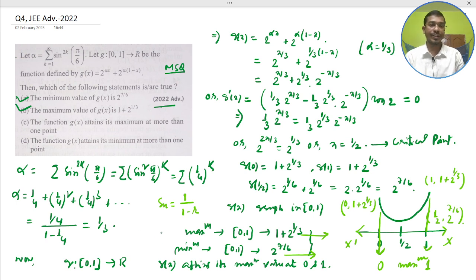And C, the function gx attains its maximum at more than 1 point. More than 1 point. So 0 and 1. So more than 1, C would be the correct. And the function gx attains its minimum at more than 1 point. Minimum point more than 1. This is wrong. So A, B, C would be the correct answer.